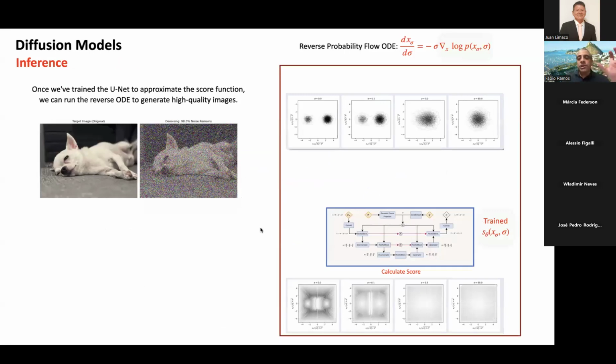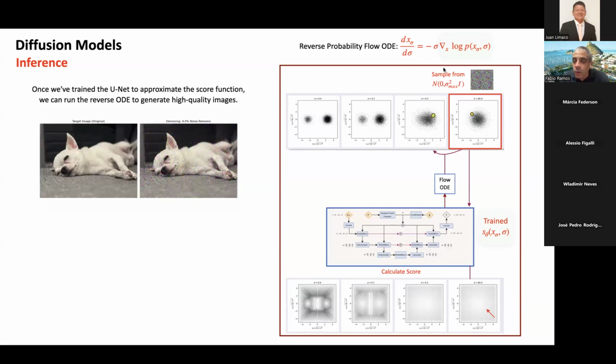So once you learn the score, what you have to do now is to solve the reverse SDE. And so how do we do it? We sample from the Gaussian noise, and you calculate the score with my neural network, and I plug it in the ODE, and I go one step back.